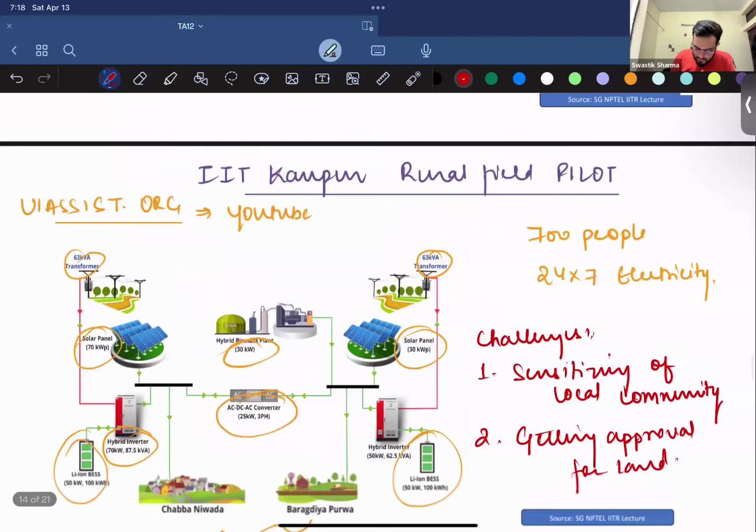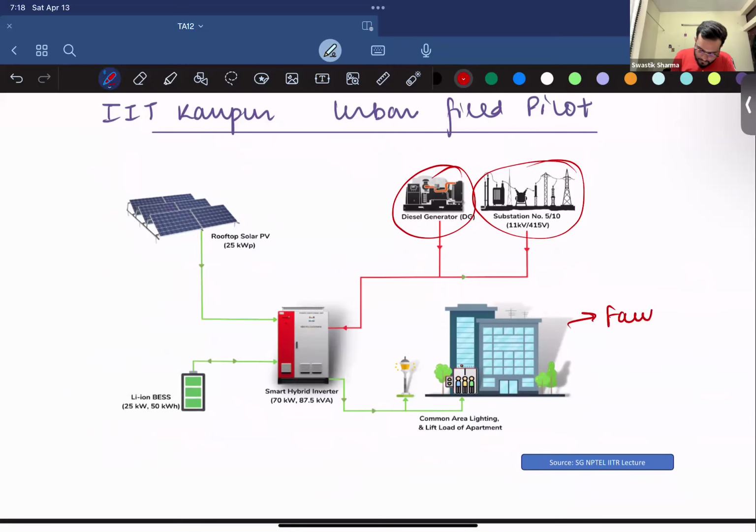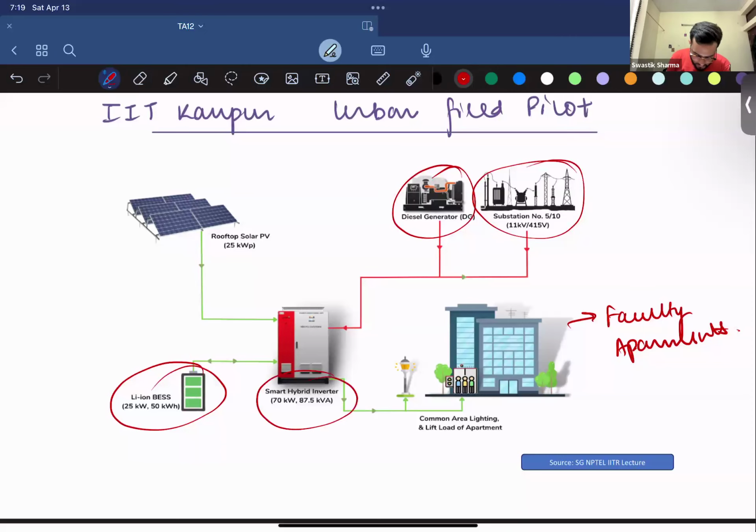This substation was feeding power to the faculty apartments in IIT Kanpur. What we did was we installed solar PV rooftop and we installed a lithium ion battery energy storage system which worked with the smart hybrid inverter.